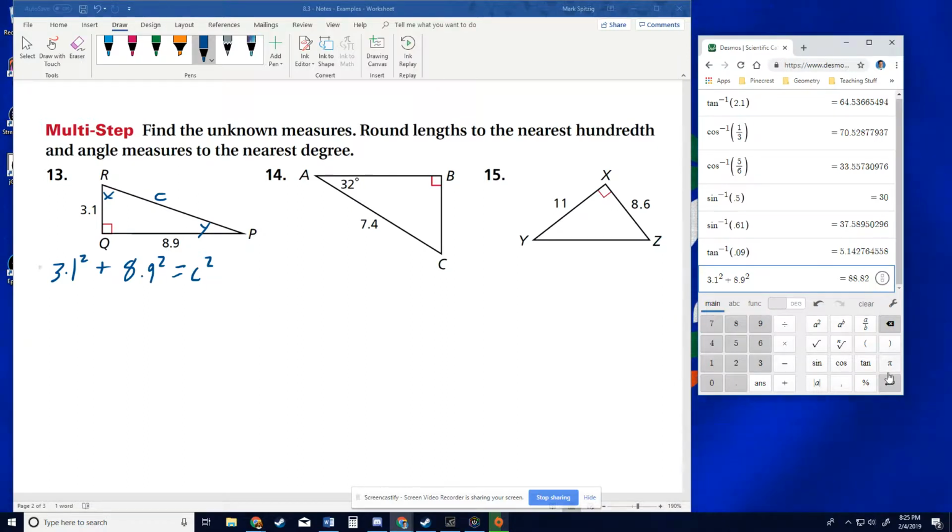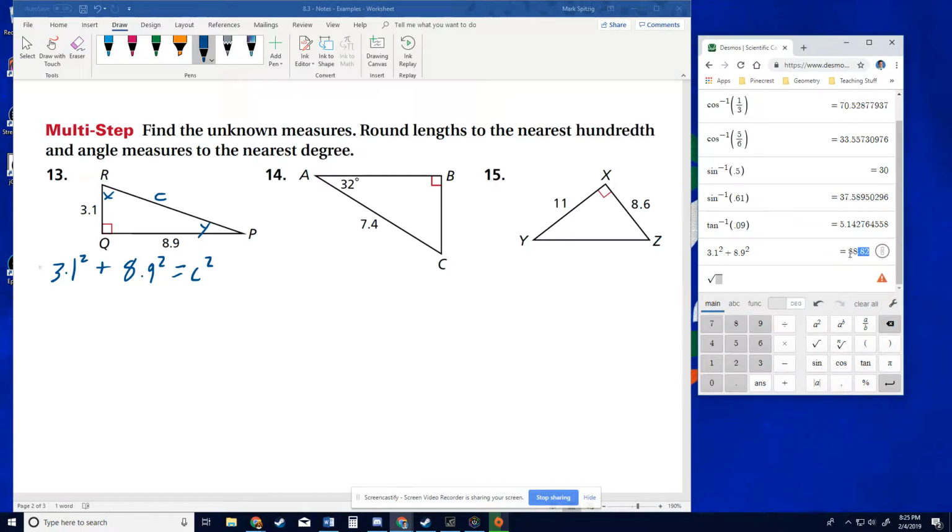All right, good. And then let's take the square root of that. So C is about, round to the nearest hundredth, 9.42. So C equals 9.42.